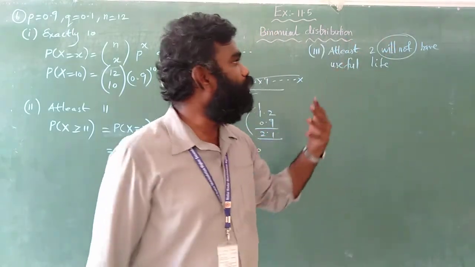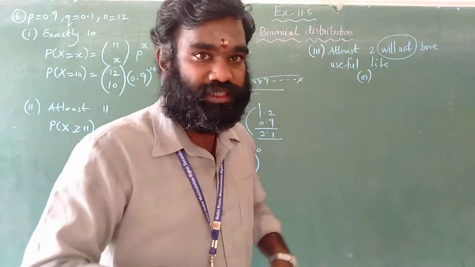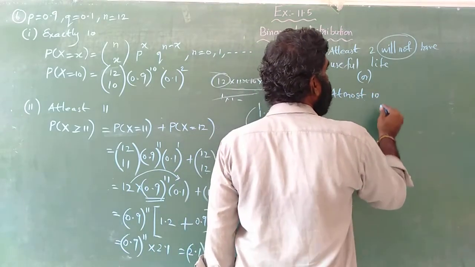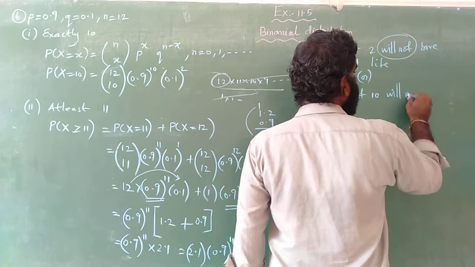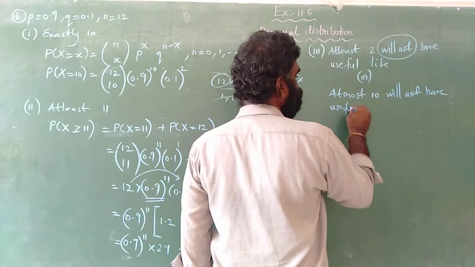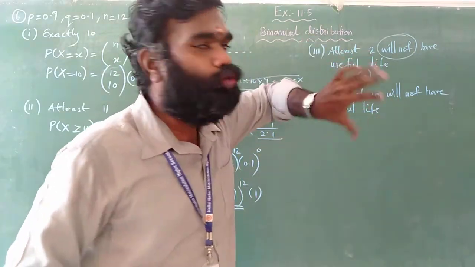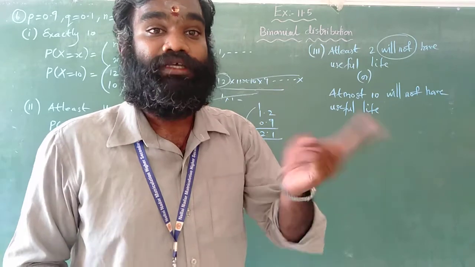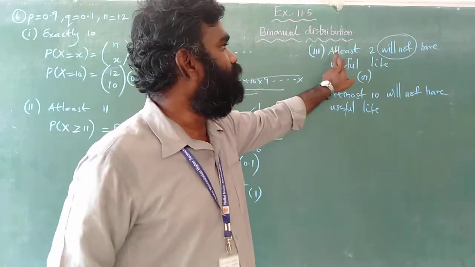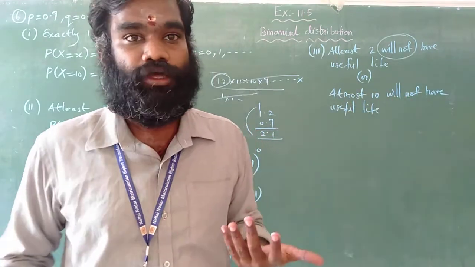At least 2 will not have a useful life can be written as at most 10 will not have a useful life.